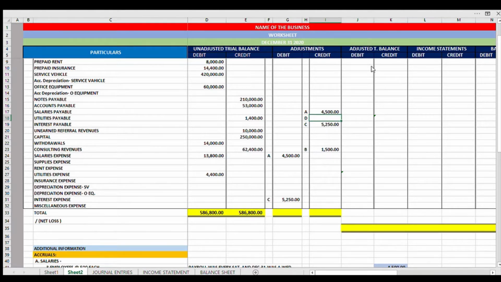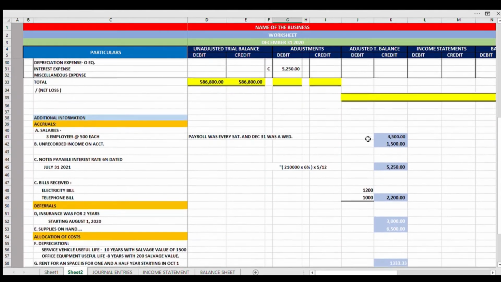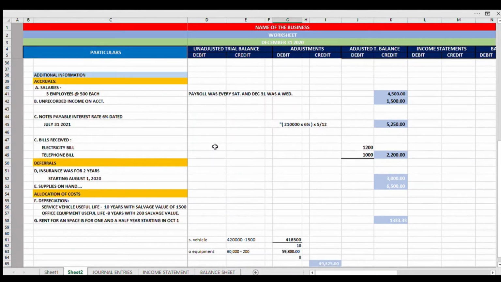Ang naging total niya ay 2,200. Ang utilities expense natin ay 2,200. Okay, that is the combination of the electricity and telephone bill. All of this will fall under utilities expense.